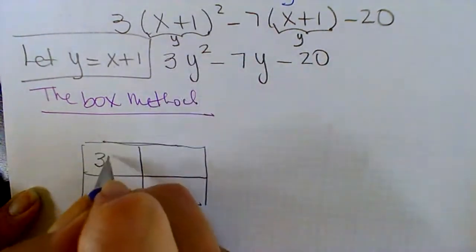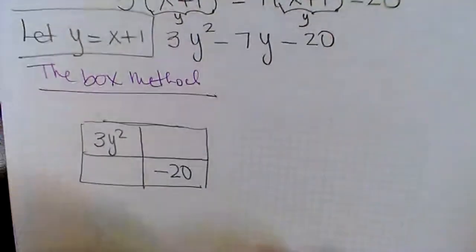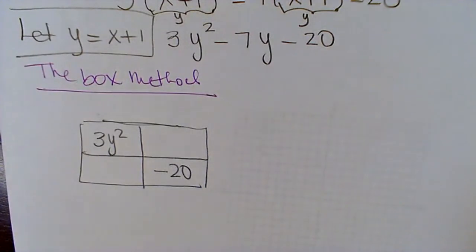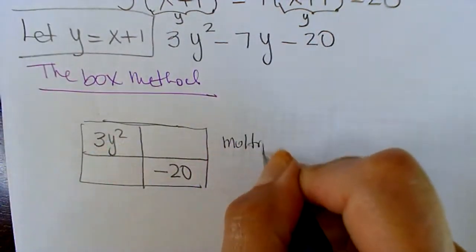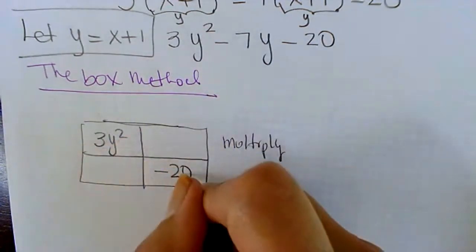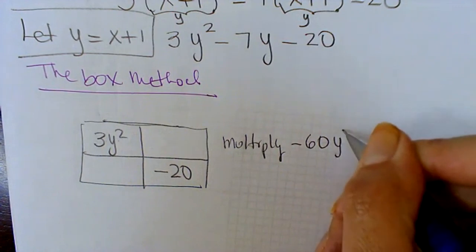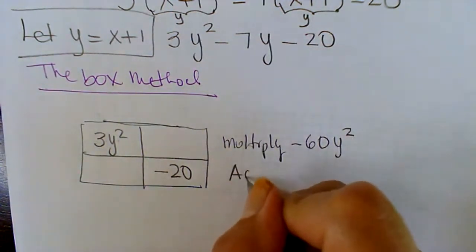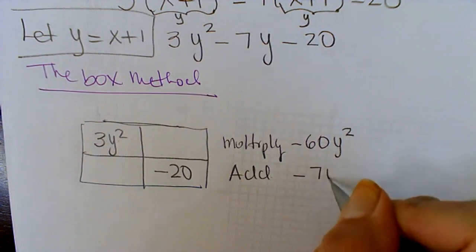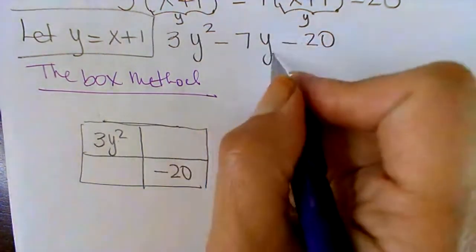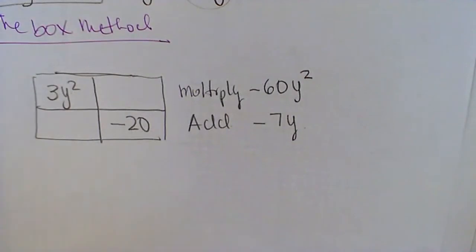Write the first term here, the last one here, okay? And we're going to multiply it. 3 times negative 20 is going to be negative 60y squared. And when we add it, it's going to be negative 7y right here. So let's find those two numbers.